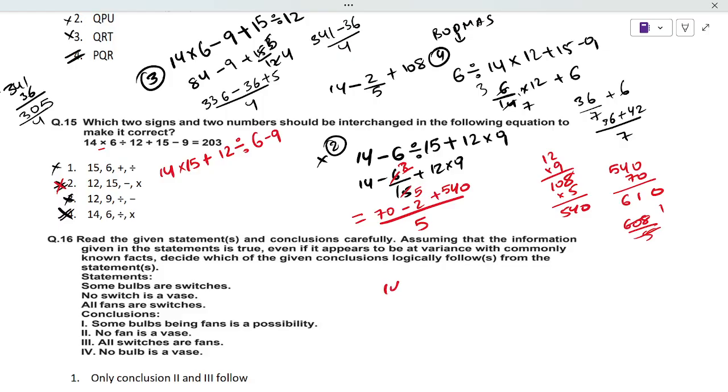So here 14 into 15. So 5 4 is 20, 2 in hand, 5 6 7 4 1 0, and then here we have 1 2 10. So we have 210 plus 12 divided by 6 minus 9.